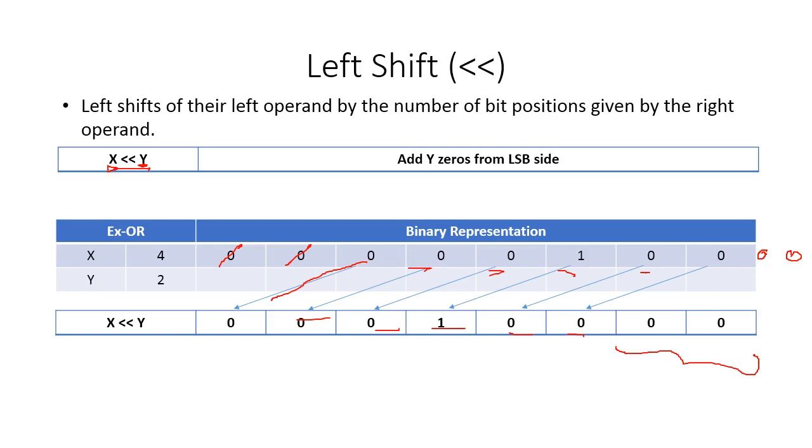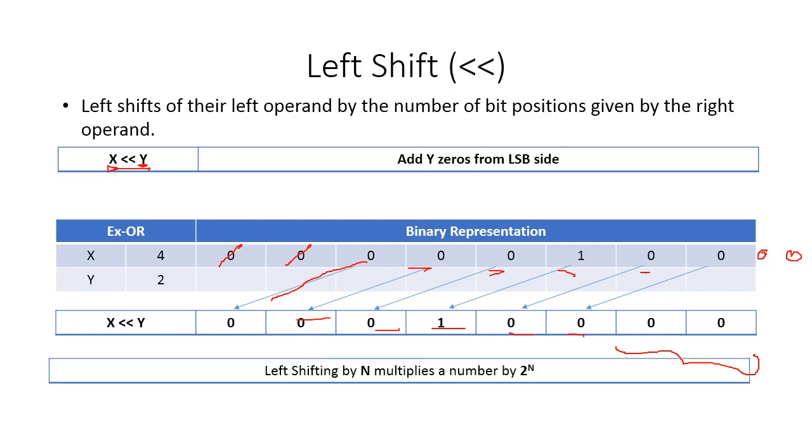Clear? Right. We also use left shift operators if you want to multiply a number by 2 power n, like if you want to multiply by 1, 2, 4, 8, 16. In that case, you can use the left shift operator. Left shifting by 1 is the same as multiplying by 2 power 1. What is 2 power 1? It is 2. Left shifting by 2 is the same as multiplying by 4.